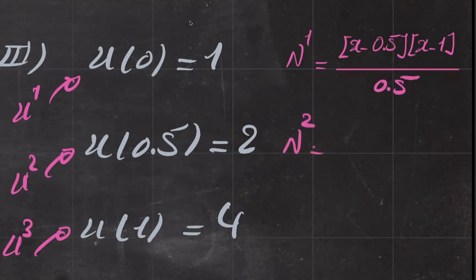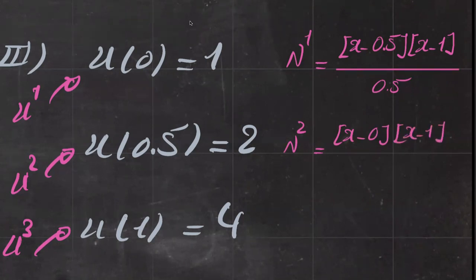N2, again, a similar game. It must be 0 at 0, so x minus 0 then in the denominator. Sorry, my pen changed that. 0.5. And N2 is 0 at point 0, it's 0 at point 1, so you multiply by also x minus 1, and now you insert 0.5 in it. So if you insert 0.5 in this and this, you get 0.5 here, you get minus 0.5 here.